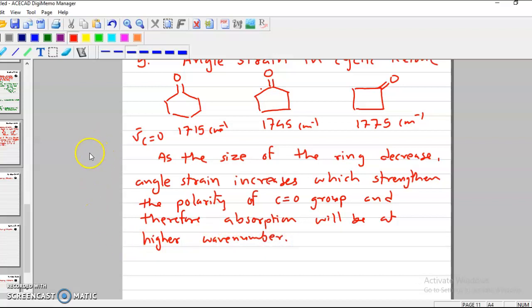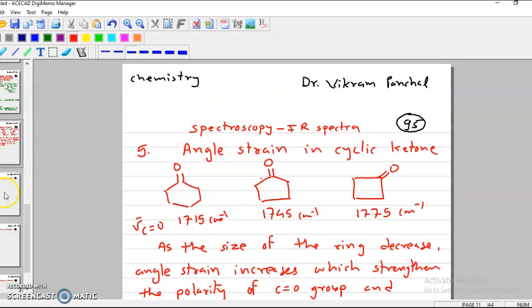So this way we have explained this about C=O.